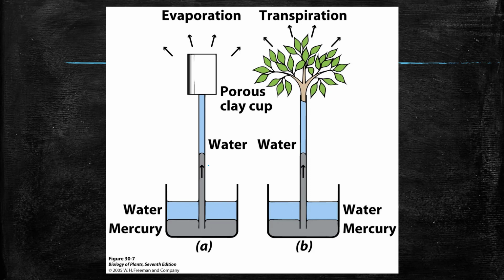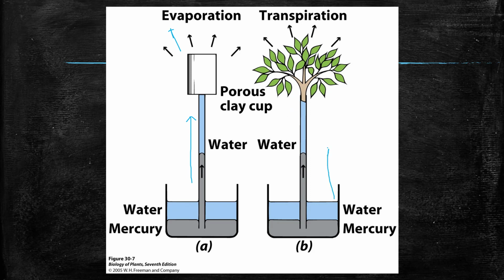if you take some water and a clay cup and you stick a glass rod in with some mercury down here, all right? Oddly enough, as water evaporates out of this clay cup, it will pull this mercury upward. The same thing if you put a plant in the end of this device.